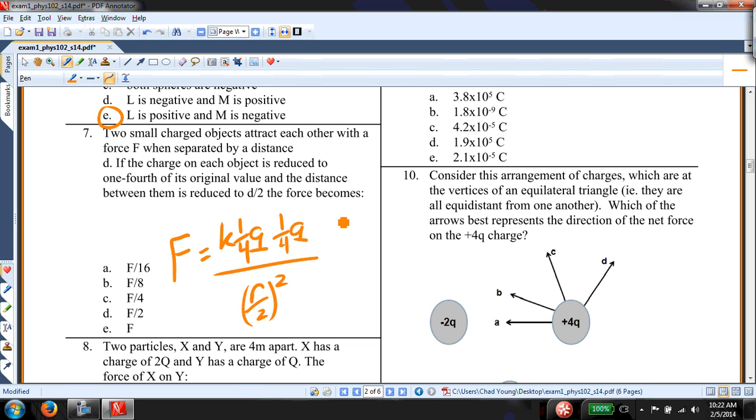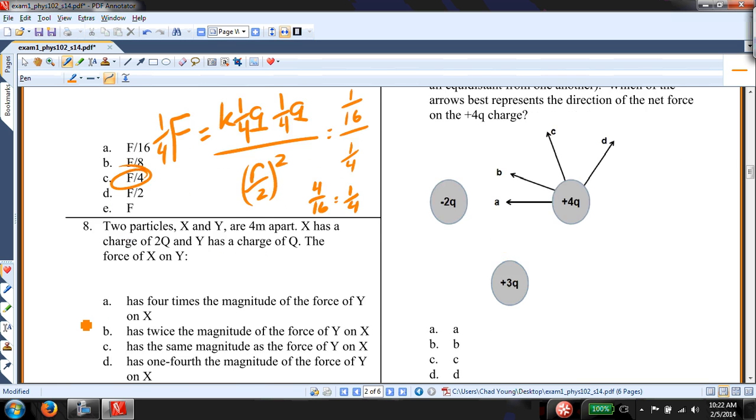So in the numerator, I get a factor of 1/16. In the denominator, I get a factor of 1/4. If I simplify that, it's 4 over 16, so I will have 1/4 the force. So C is the right answer for number 7.